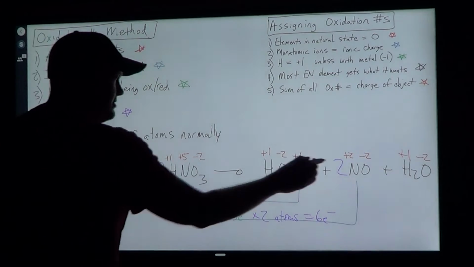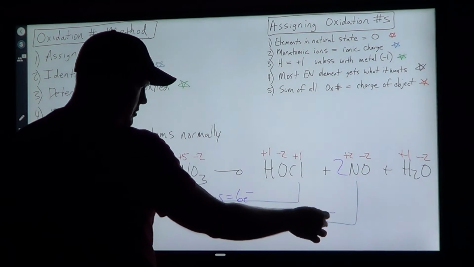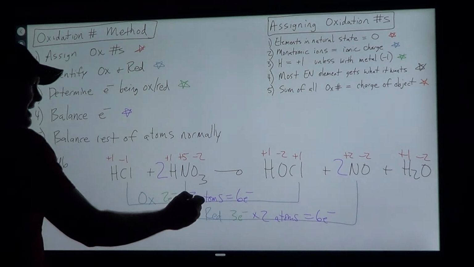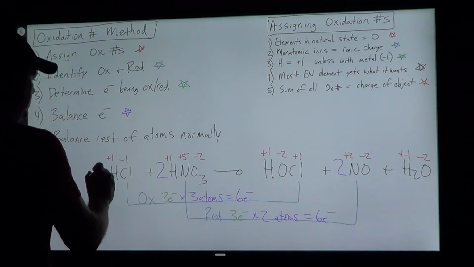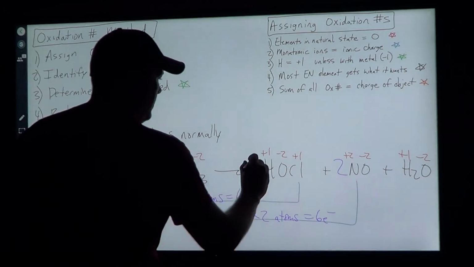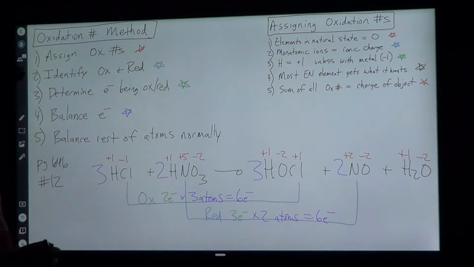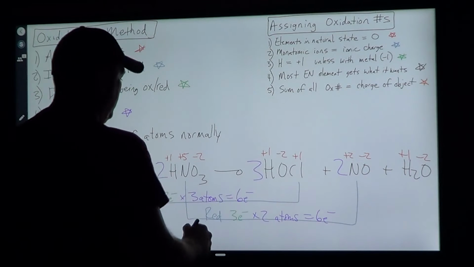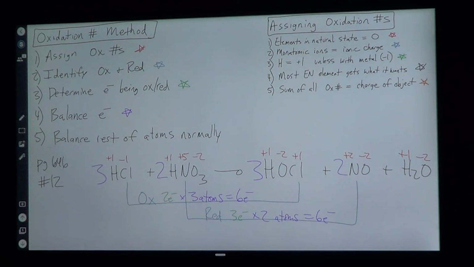So these nitrogens will now lose 6 electrons, gain 6 electrons. And we need 3 atoms of the chlorine, so we got to put a 3 there and a 3 there. And now these 3 chlorines will lose 6 electrons. And so step 4 is done.